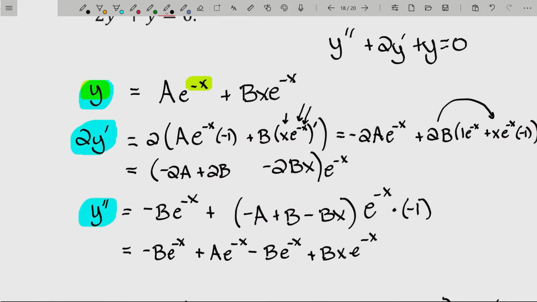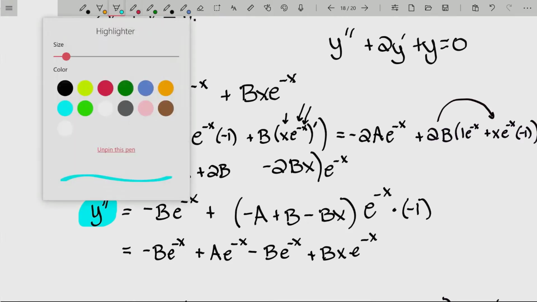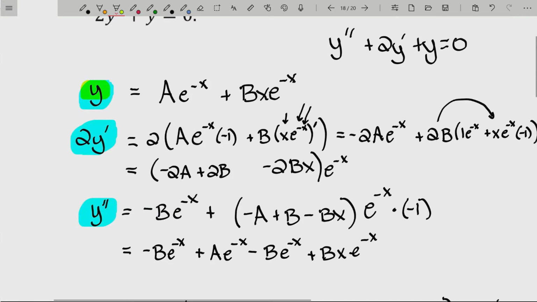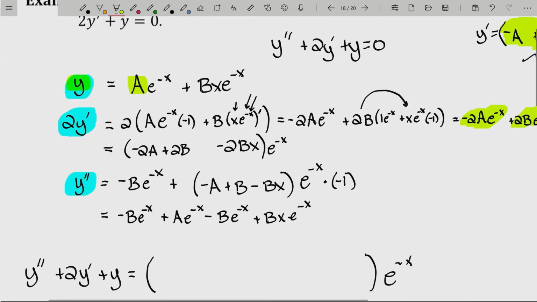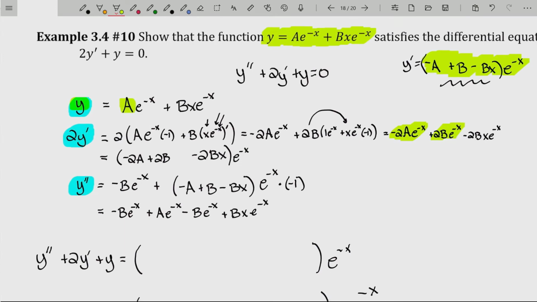I'll use the yellow highlighter to highlight all the stuff that's attached to e to the negative x. Let's see. We have a from this guy. And actually, here's where distribution really helps out. So I'm going to rewrite this as negative 2a plus 2b, e to the negative x, minus 2bx e to the negative x.